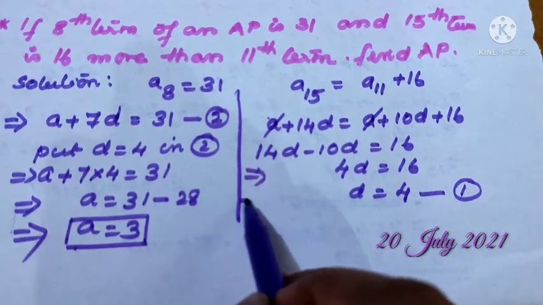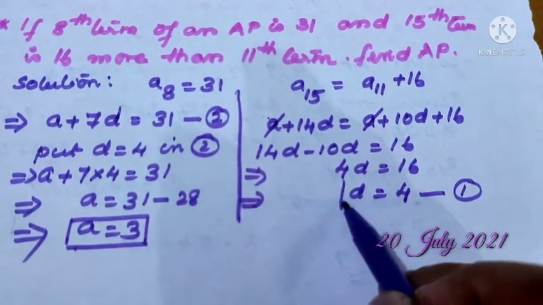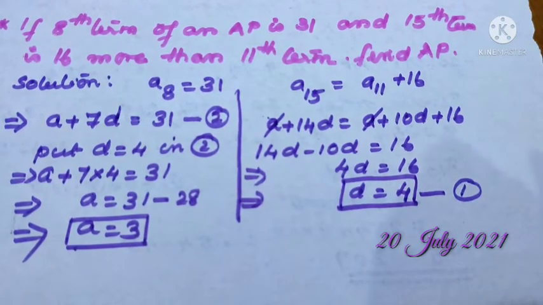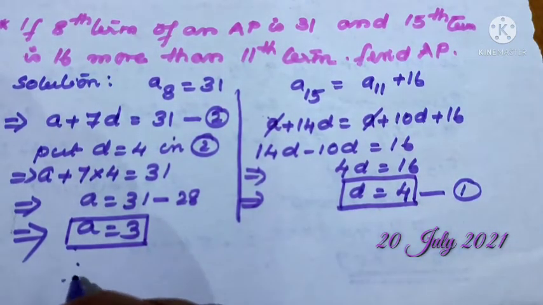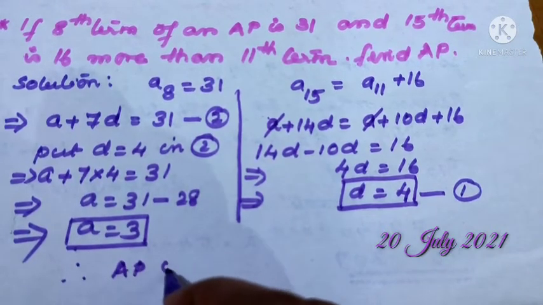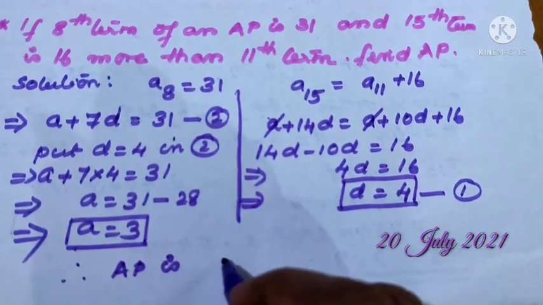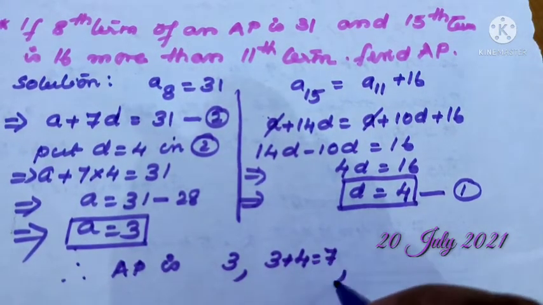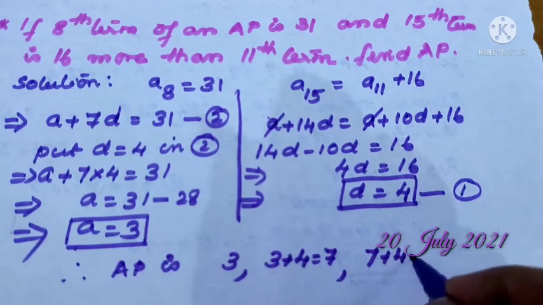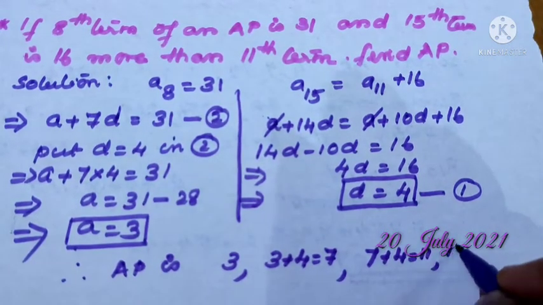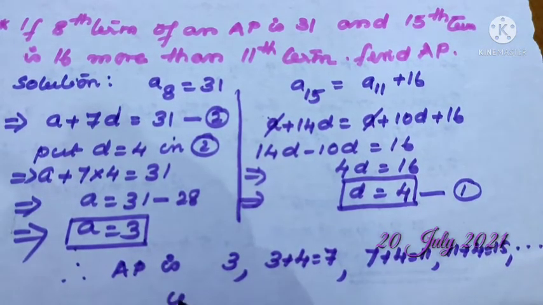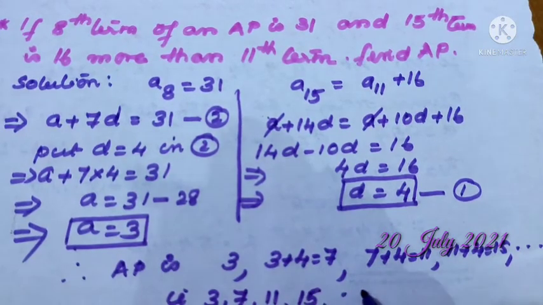So we got d equal to 4 and A equal to 3. Once we got A and d, we can form the AP. Therefore, the AP is 3, 3 plus 4 equal to 7, 7 plus 4 equal to 11, 11 plus 4 equal to 15, and etc. That is 3, 7, 11, 15, etc.